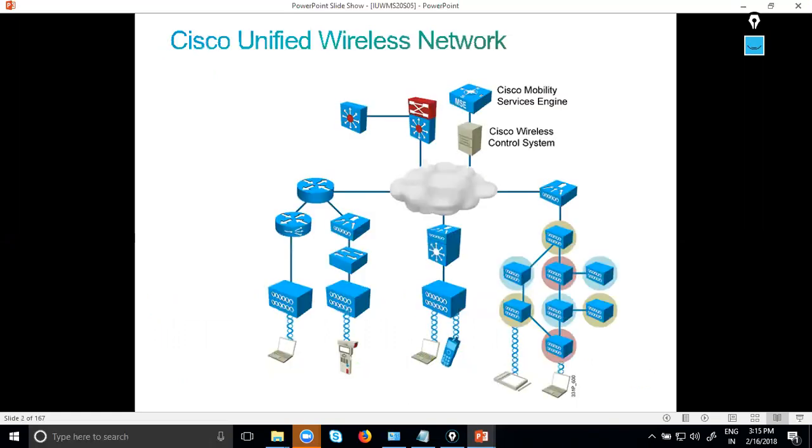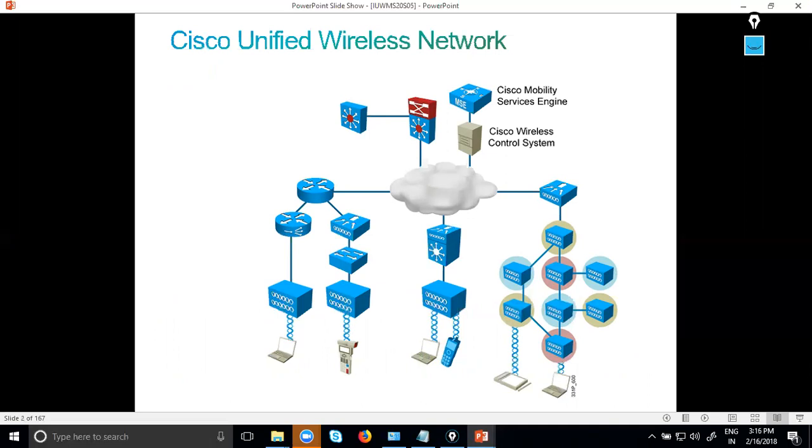This is one diagram in Cisco Unified Wireless Network where you can see that you have Wi-Fi access points across different buildings, but they are not connected to each other, right? So you can use this technology to make it possible.